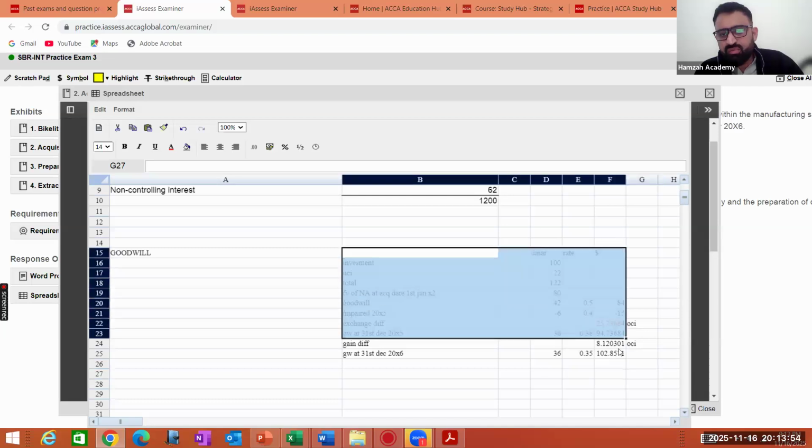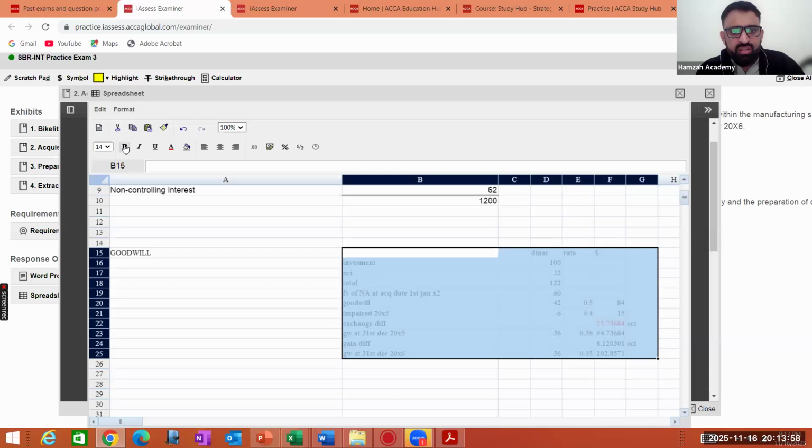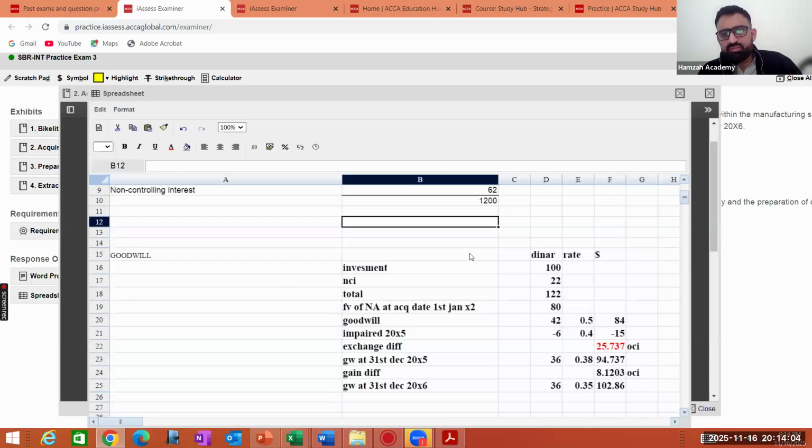So this is how goodwill will be accounted for and how we will account for the exchange differences. Got it?